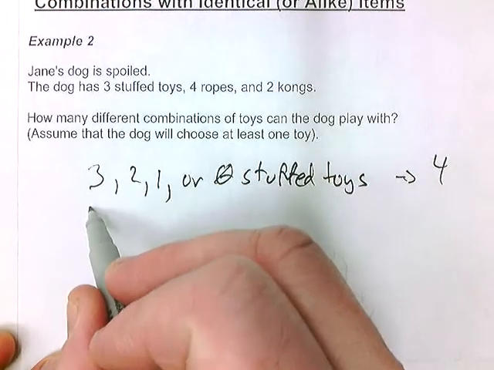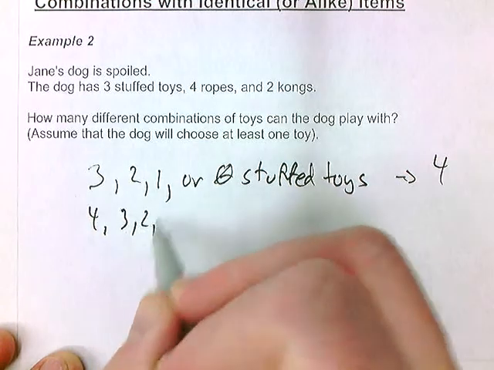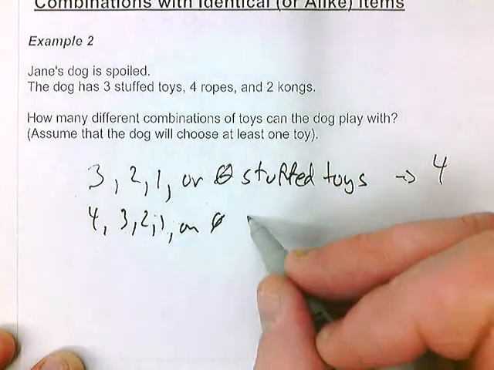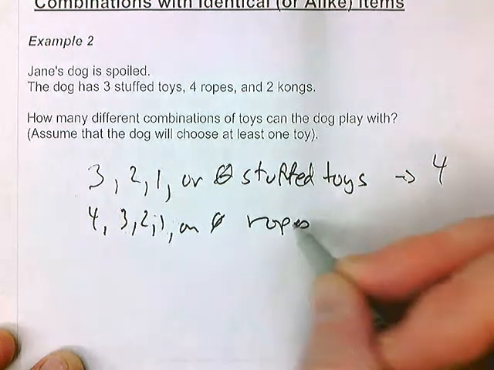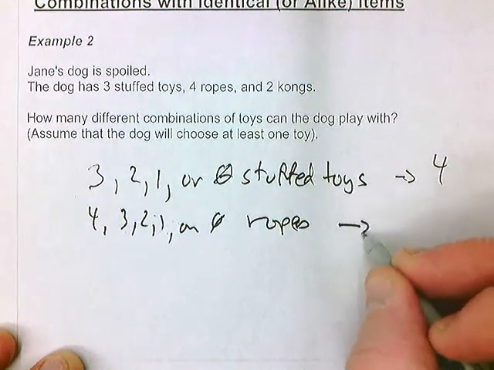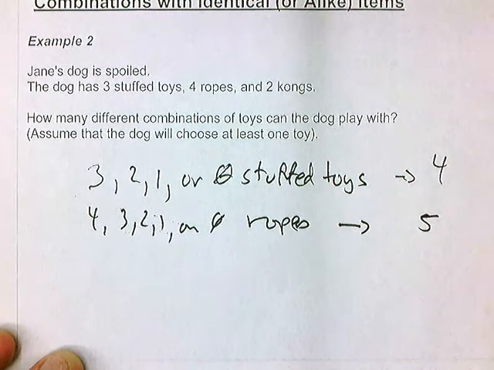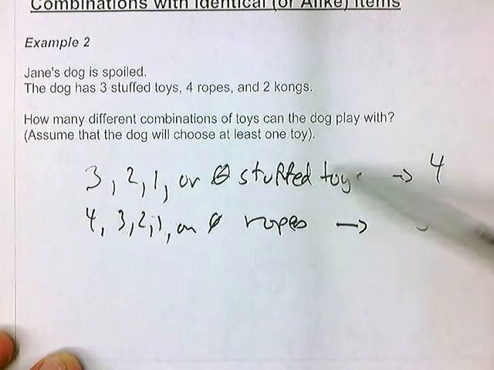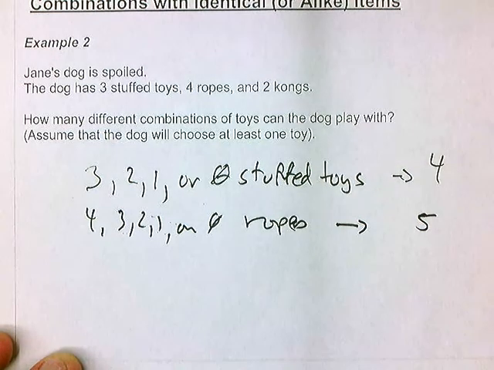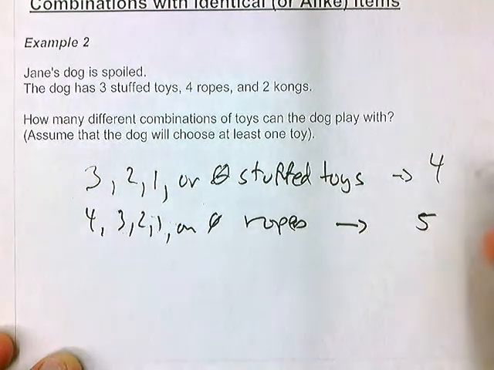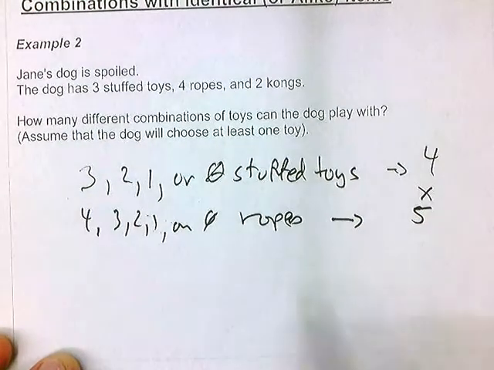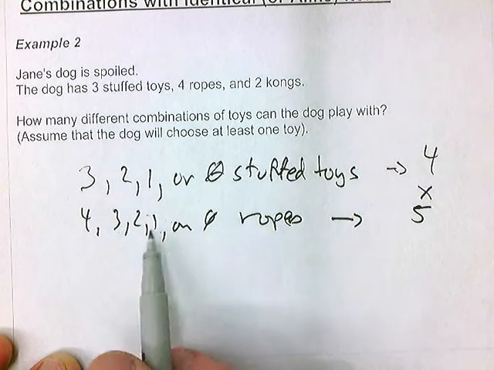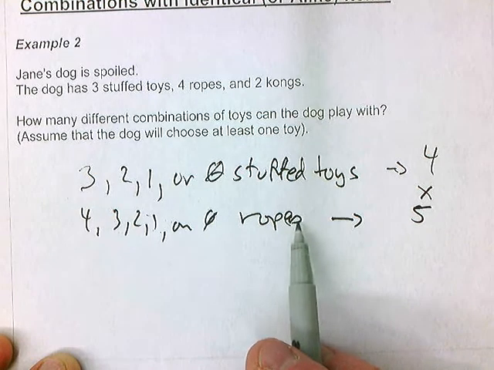You can have 4, 3, 2, 1, or 0 ropes. Again, that's 5 possibilities of having a certain number of ropes, 0, 1, 2, 3, 4. Times 5 combinations of having either 1, 2, 3, 4 or 0 ropes to play with.